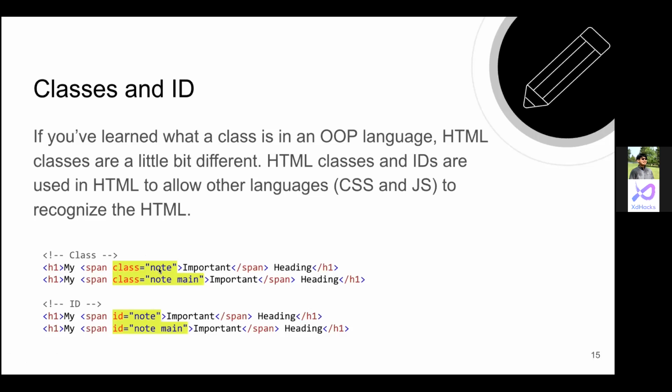And we just have a class note. So basically, when I'm in my CSS and I want to recognize this element, I'll just use dot note, and John will go deeper into that. And you can have one element with multiple classes, just separate them by a space, as you can see here. So we have note and main classes for the span. And it's the same for ID, but instead of using class, you just use ID.